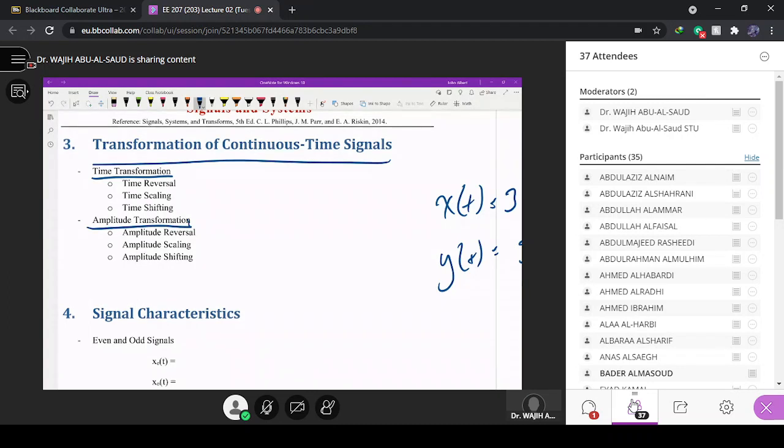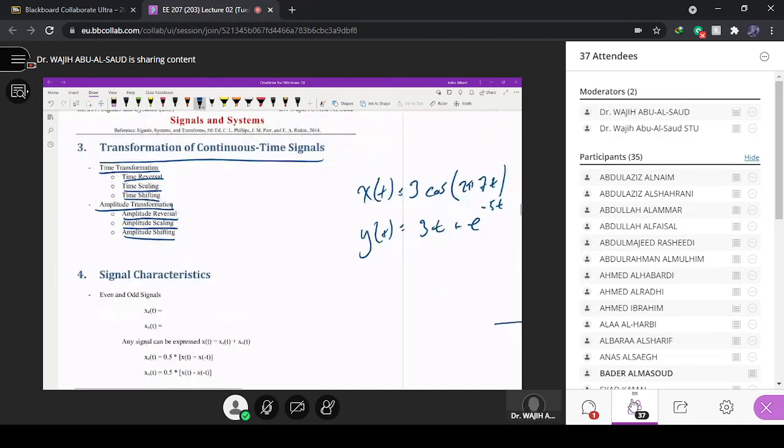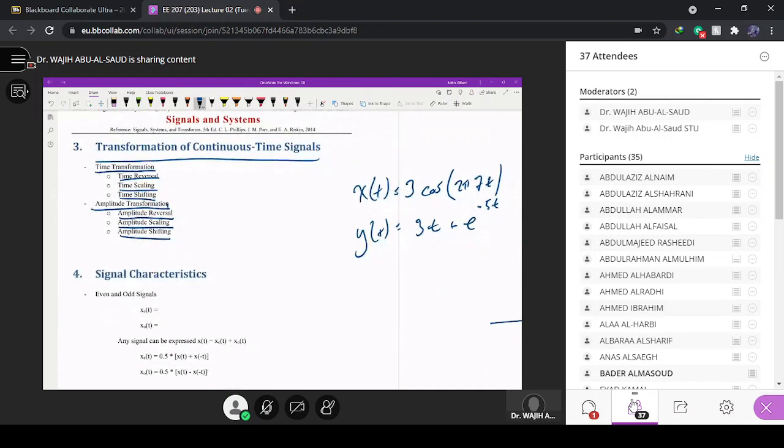Time transformations themselves come in three different types: either time reversal, time scaling, or time shifting. And amplitude transformations also are either amplitude reversal, amplitude scaling, or amplitude shifting. And what we will do today and next class is talk about those 6 different items, let's say.